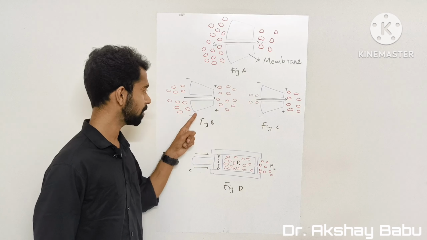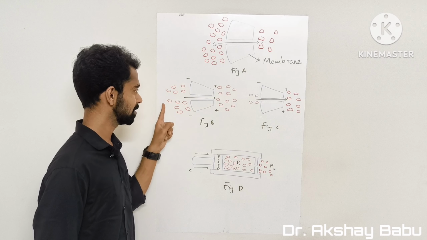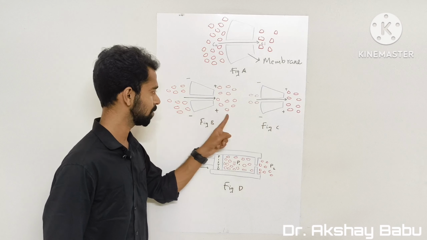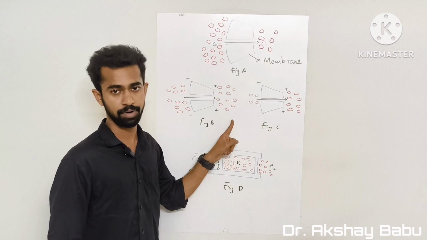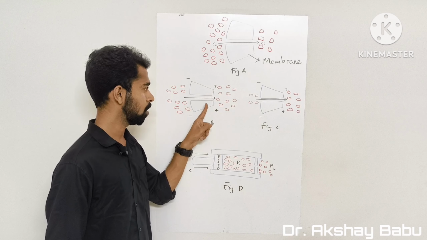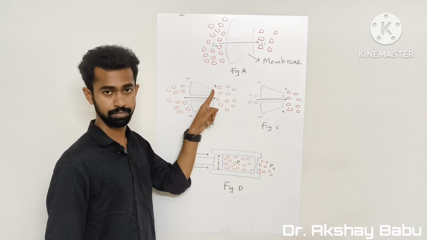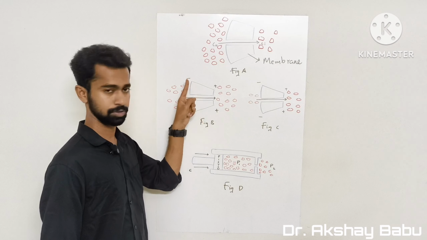In the left panel of this figure, you can see the concentration of substance is almost equivalent to the concentration of substance on the right side of the membrane. Here a positive charge has been applied over the right side of the membrane, whereas on the left side we are applying a negative charge.